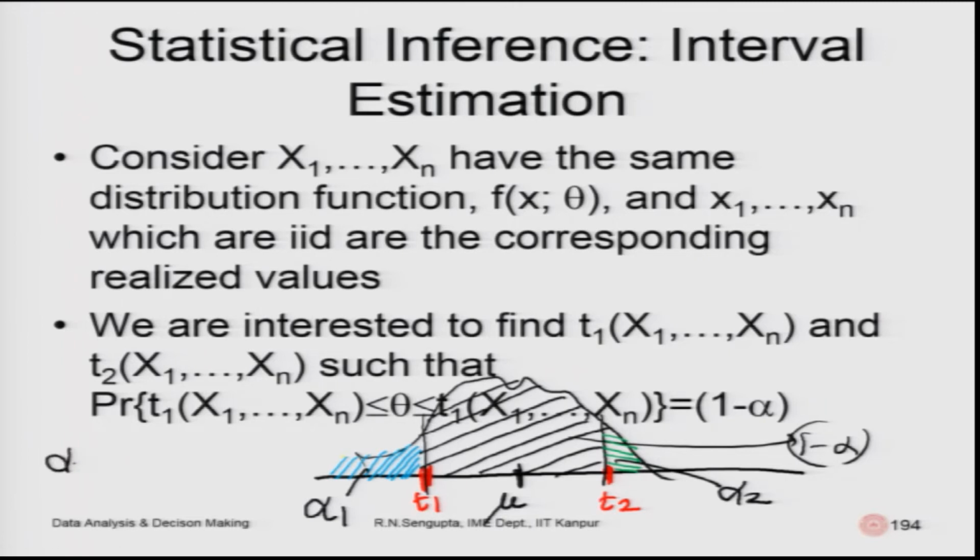So, alpha 1 plus alpha 2 plus 1 minus alpha, which is the level of confidence in between, should add up to 1, which technically would be the case as discussed.